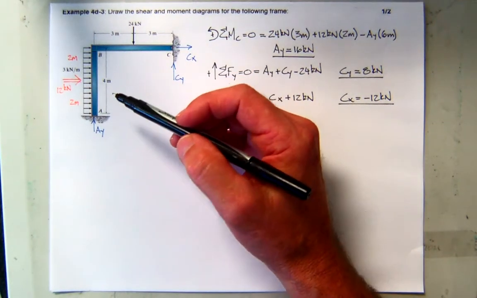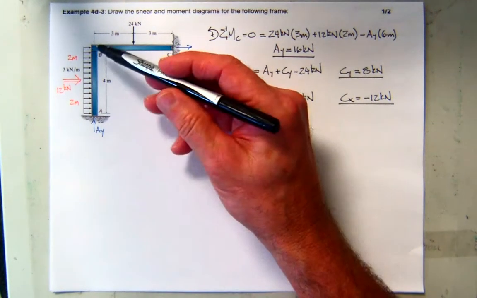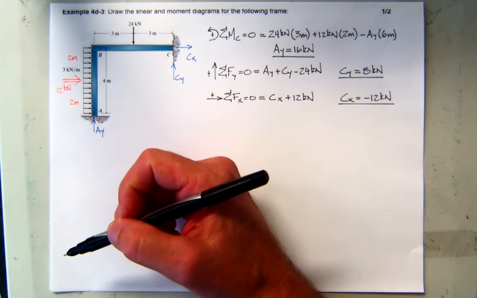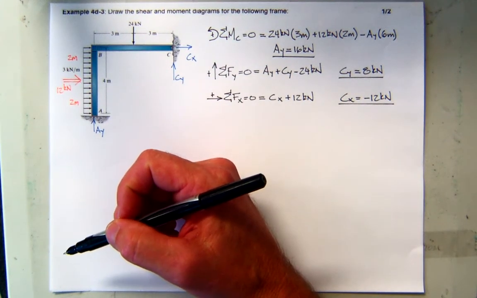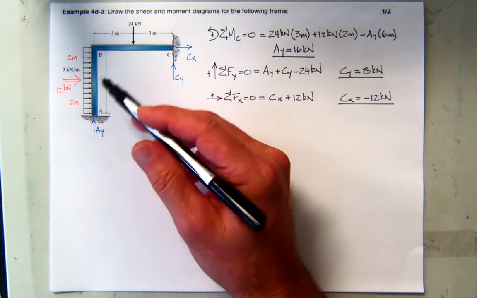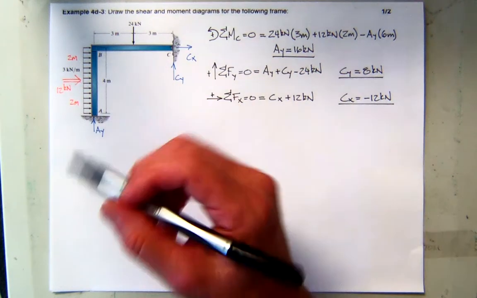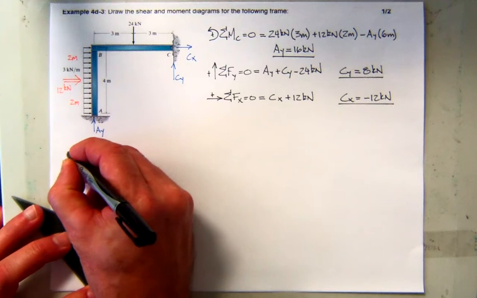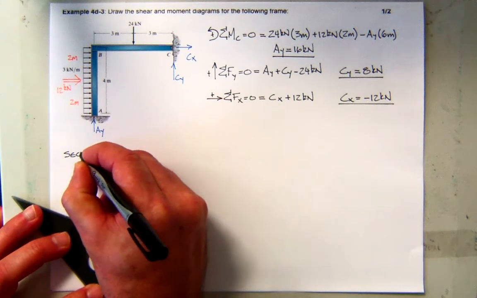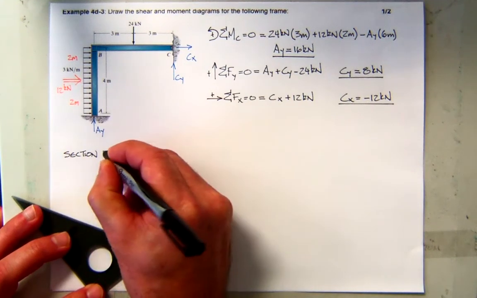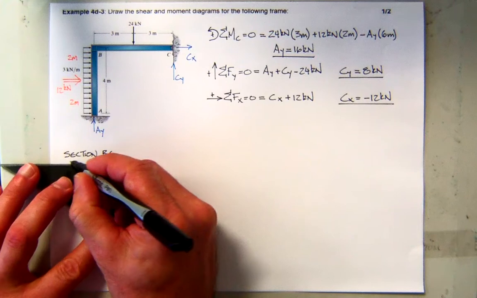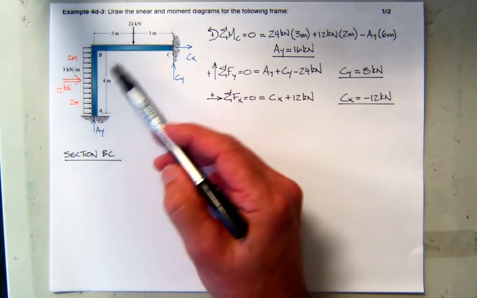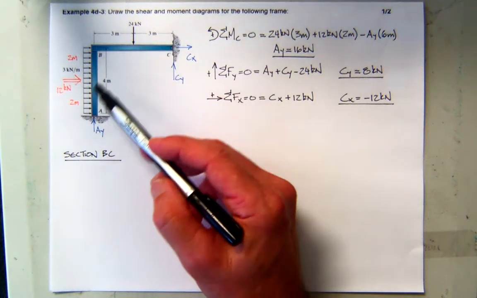I guess in this problem you can either decide to look at AB or BC. I don't think there's much difference between them, but I think I'll look at BC just because. So if I look at section BC, I was trying to examine them quickly to see if there was any advantage to either of them.